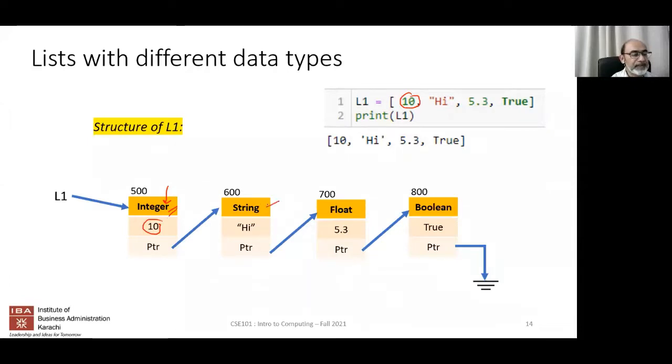And if it's a string, then it should know that the following bytes will actually specify a string. If it's a float, then it will have a floating number. If it's a Boolean, then there should be maybe one byte which will have a true or false. And after that, there should be a pointer, and the pointer will point to the next memory. So do I have a mistake somewhere in here?